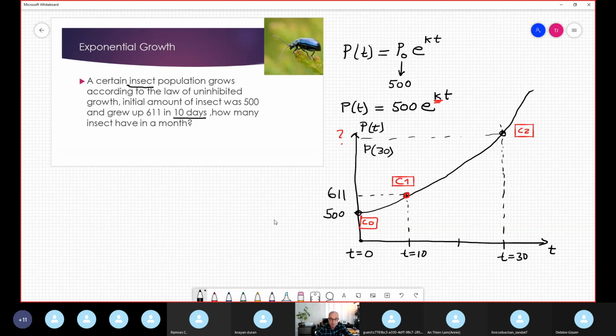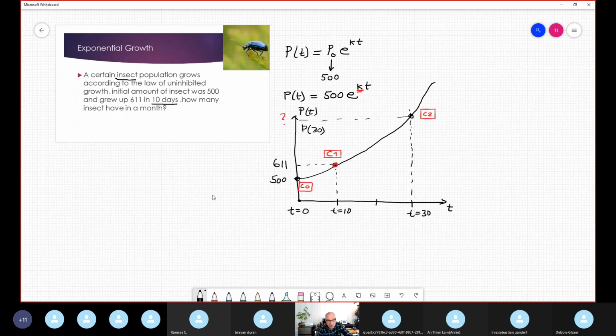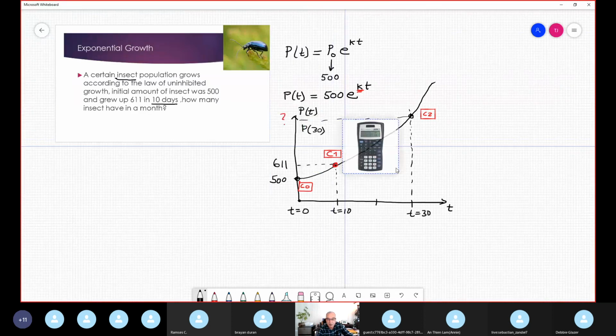Okay, let's do it step by step. Very important, everyone use the calculator, and this is a little bit longer and more complicated because we have two stages. Okay, calculate again. There you go. This is my calculator.